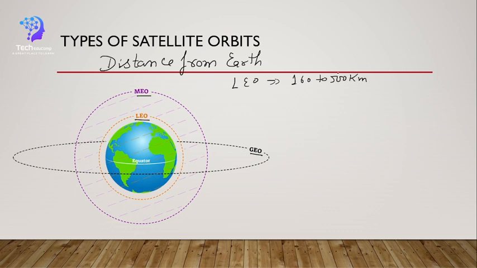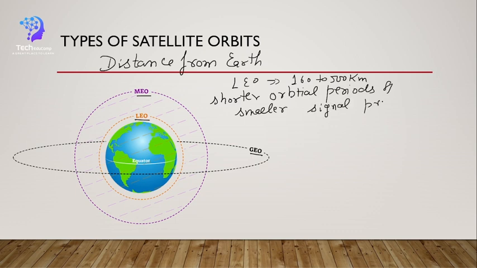So they are very close to the surface of the Earth, with shorter orbital periods and smaller signal propagation delays. Meaning they have very small signal delays when the satellite has to send some information to the base station.